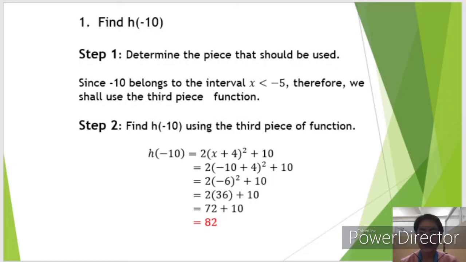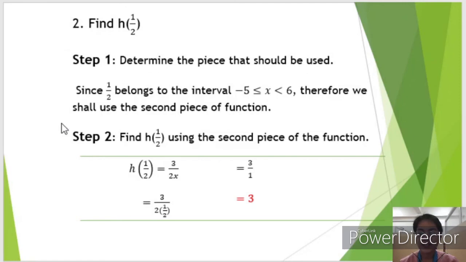Next, for the number 2, we have h of 1/2. So, since 1/2 belongs to the interval, x is greater than or equal to negative 5 but less than positive 6, then we need to use the second piece of function.